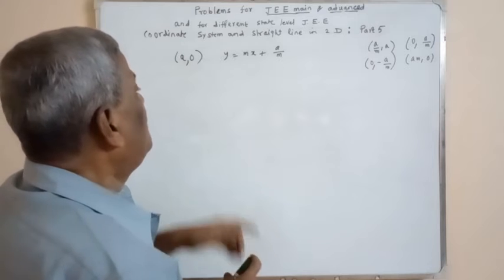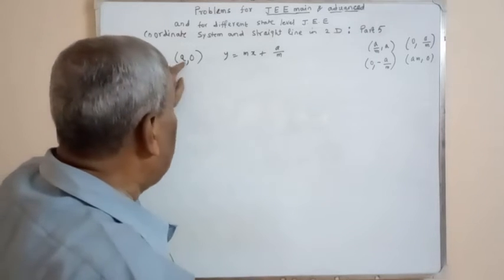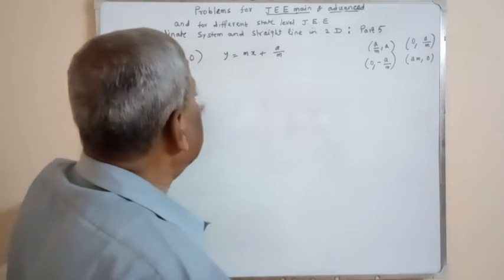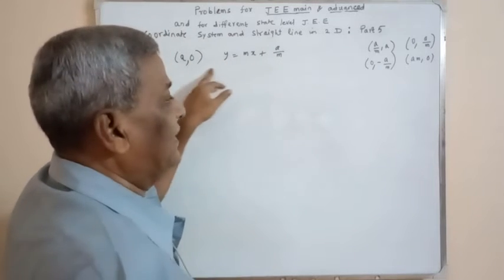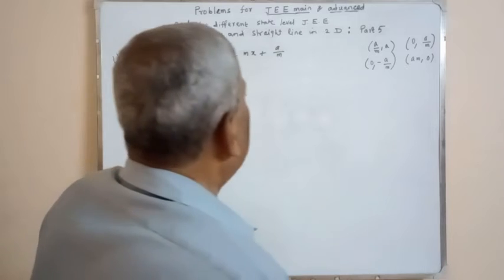The question is, from this point a comma 0, a point on the x-axis, what is the foot of perpendicular to that straight line?